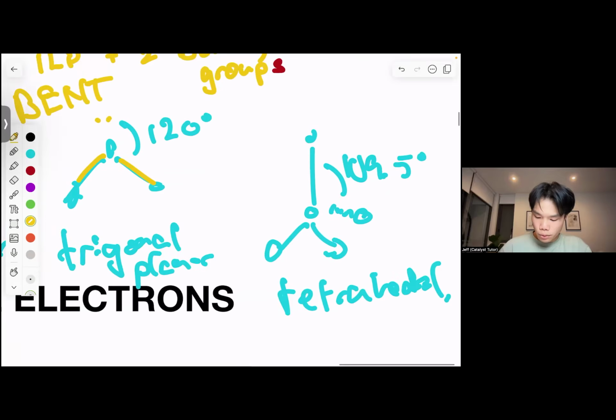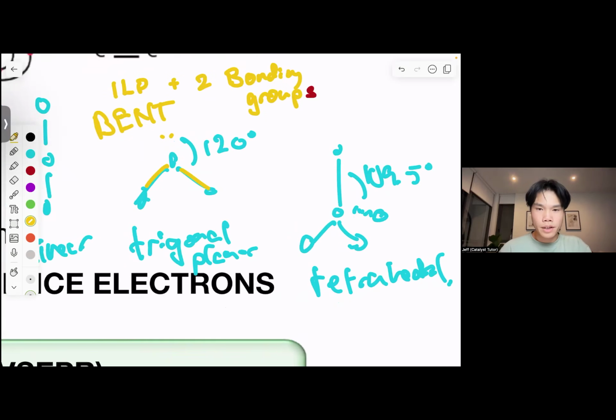So then what about tetrahedral? What happens when we replace one of the bonding groups with a lone pair? What shape do we get? Becomes a pyramid. So what do we call it? Three bonding groups plus one lone pair.